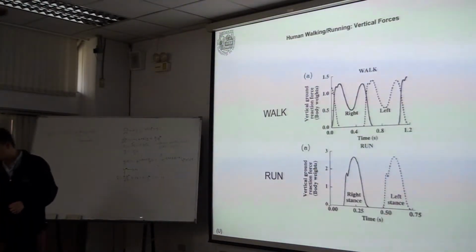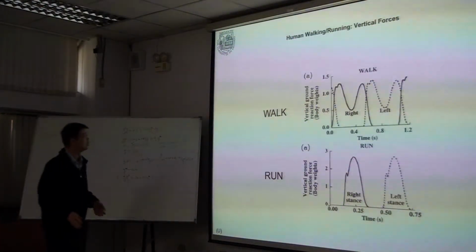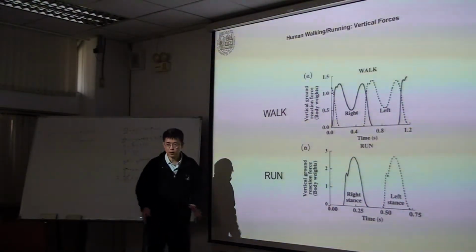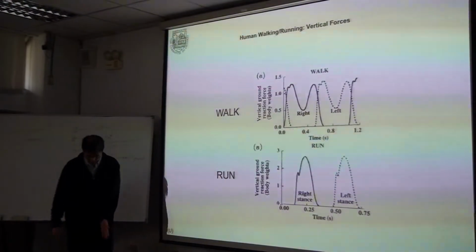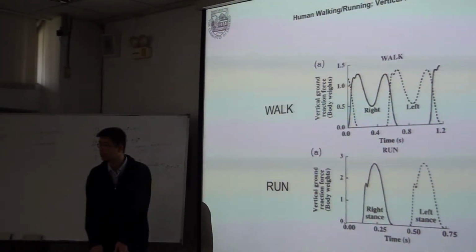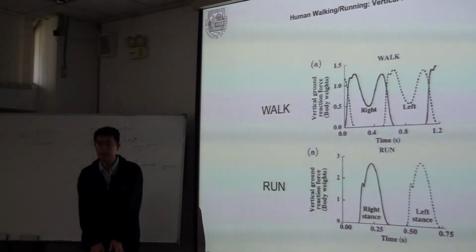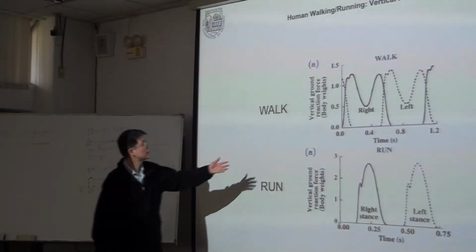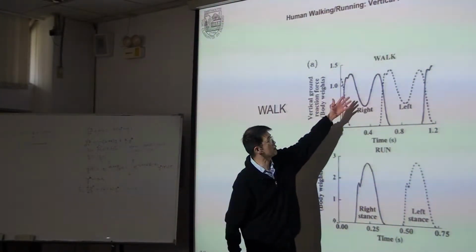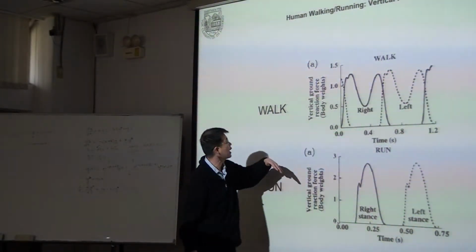So this is an example of a person walking versus running. When you walk, you apply a vertical force and horizontal force onto the ground as a function of time. So this is, as a function of time, what the force is for the left foot and the right foot acting on the ground.